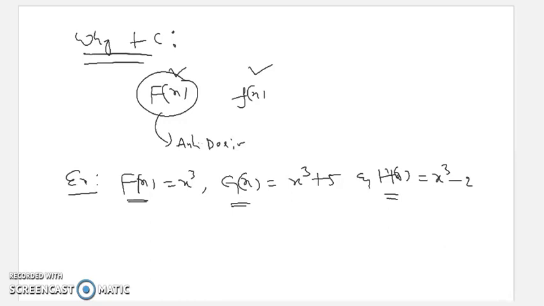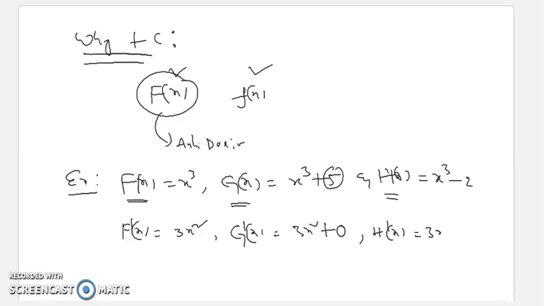Now we are going to find the derivative. F dash of x is equal to, yes, clearly 3x square. G dash of x is equal to 3x square plus 5, means here the derivative of the constant is always 0. H dash of x is equal to again 3x square minus 2, means minus 0.